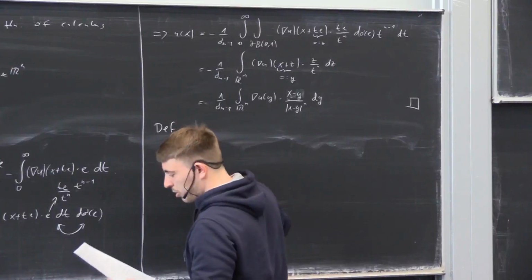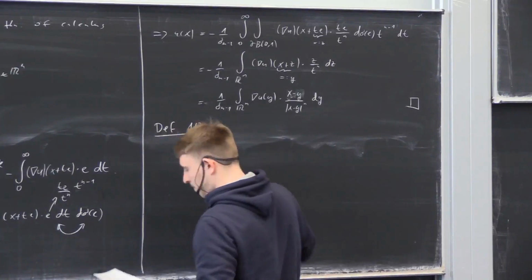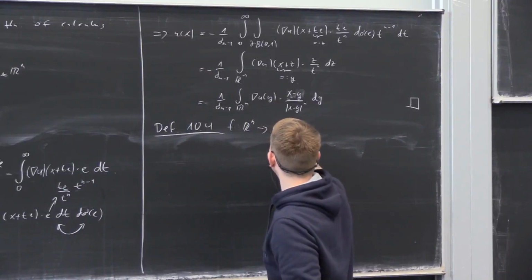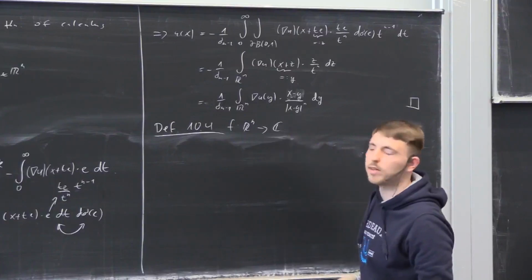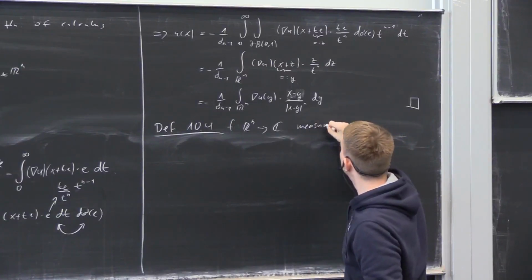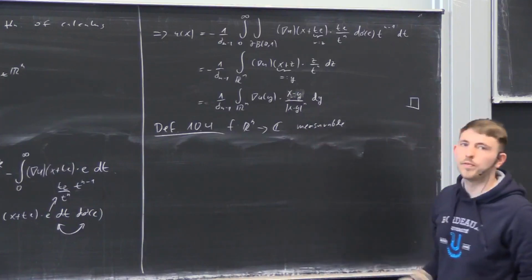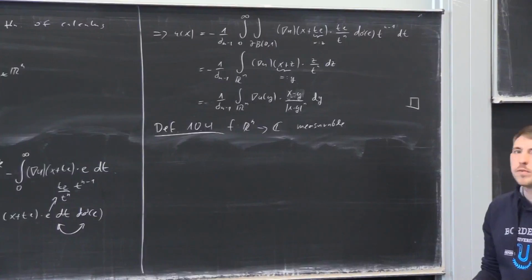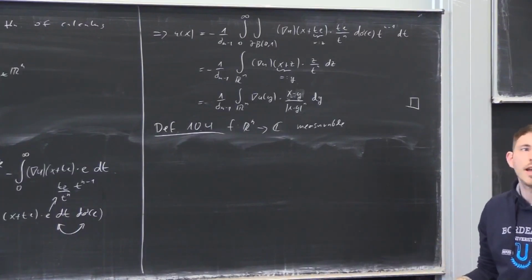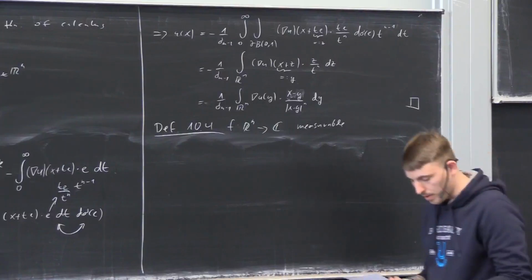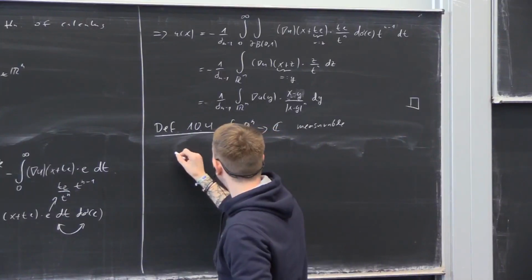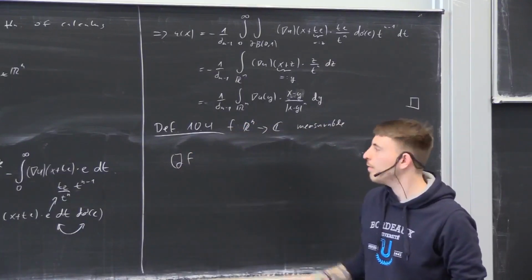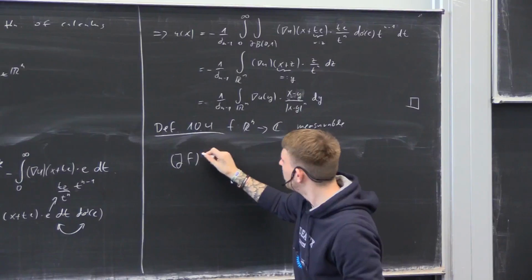Definition 10.4. We take a function f from Rn to the complex numbers, and we assume just that it's measurable. Of course, if we want to show properties of this object, we will need more than measurable, but measurable is enough to write down a meaningful definition. We want to define an object Jf, an operator J that acts on f, pointwise.